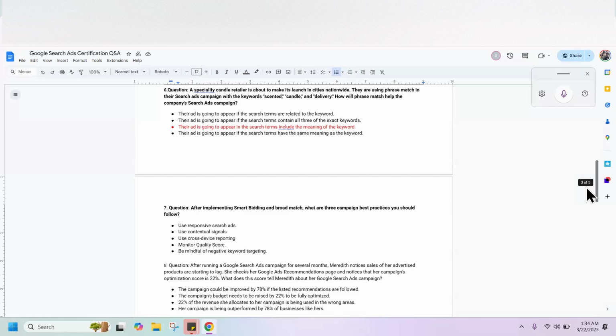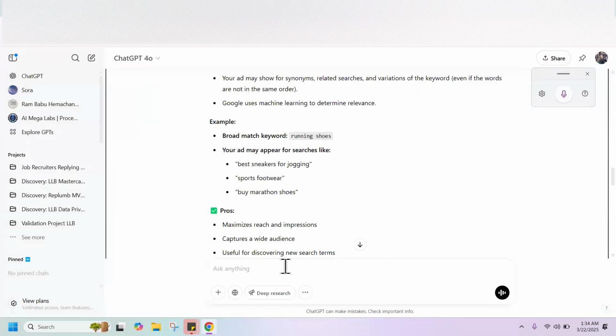Responsive search ads, like mobile responsive? No, no, no, not mobile responsive. What does responsive mean? Type it on ChatGPT, please. As usual, the normal, common search engine.